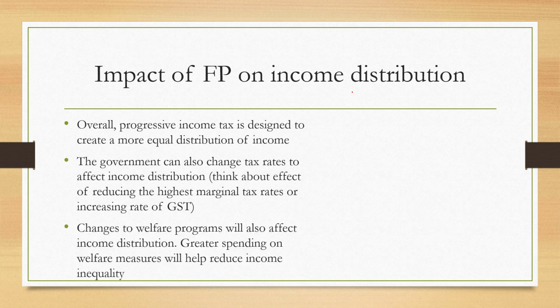Also, if the government uses the budget to increase welfare spending, well, that can help increase the incomes of those on lower incomes and reduce income inequality. So the government can use the budget to change the tax rates and also to change welfare programs that might have a big impact on how income is distributed in the Australian economy.